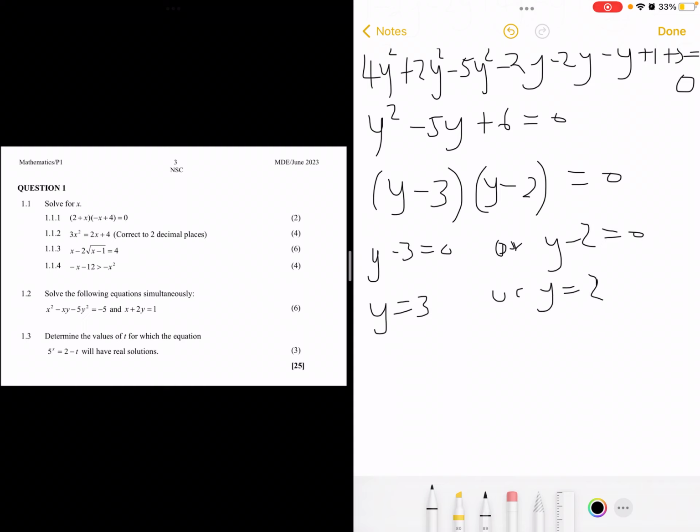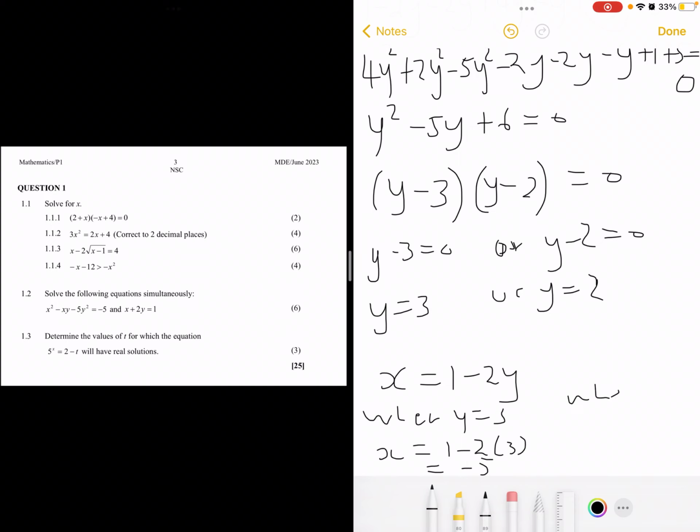Now we were solving simultaneously, so that means we have to get both variables of x and y. We've gotten y, so we go back to our equation that says x is equal to 1 minus 2y. And you say when y is equal to 3, what is my value of x? So x will become 1 minus 2 times 3, which is equal to 1 minus 6, and 1 minus 6 is negative 5.